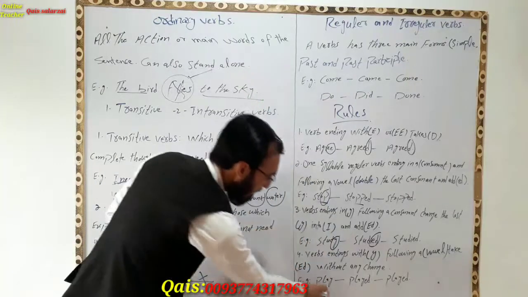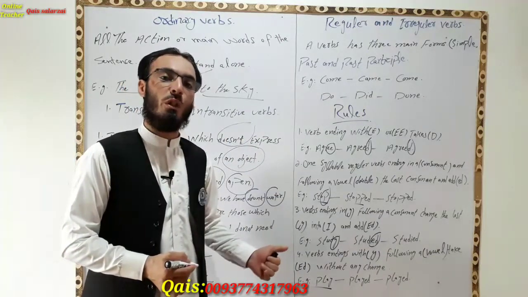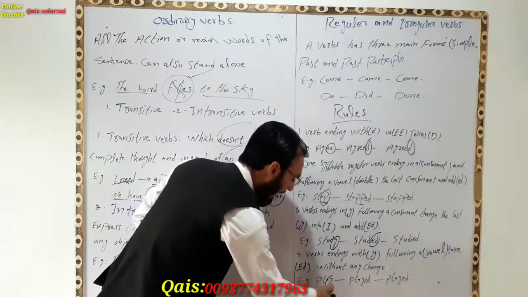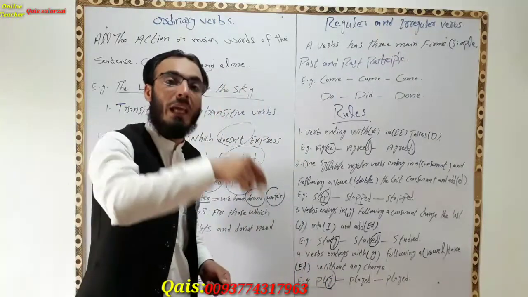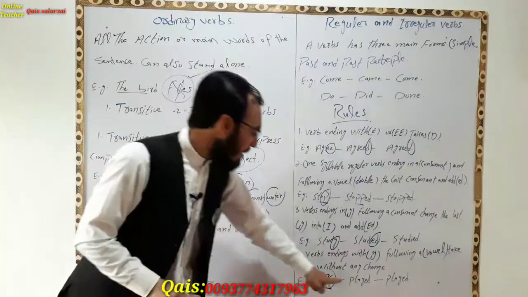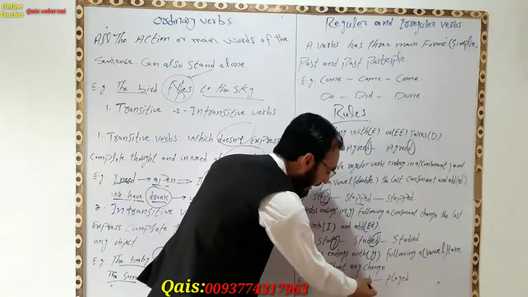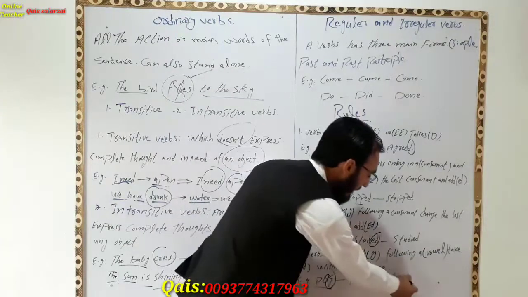Example, play is a verb, P-L-A-Y. It ends with Y but before Y there is A, and A is a vowel. So we are not changing Y to I, we are just placing ed. You can look at here an example as well, and that is the third one.